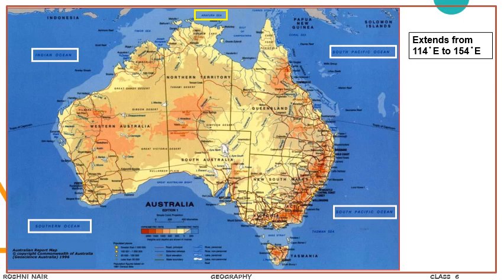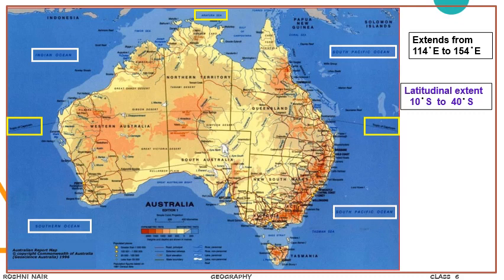For extension, we had understood that Australia extends from 114° east to 154° east, and its latitudinal extent is 10 degrees south to 40 degrees south.